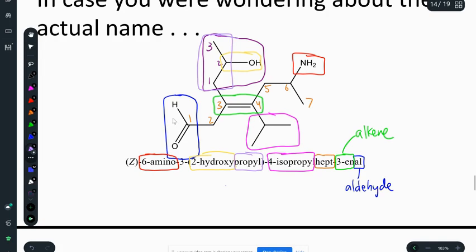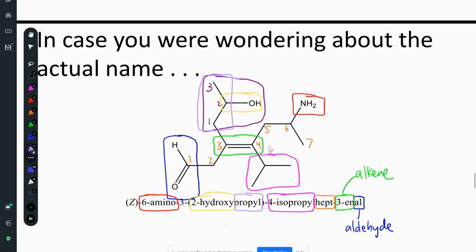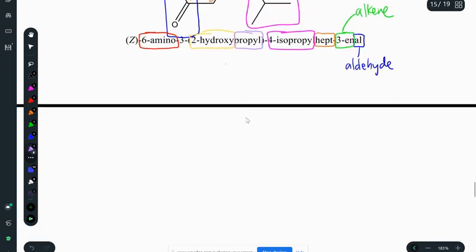So that's how you break down a name. Again, it's not something I'm going to require you to know all those different rules, but hopefully looking at a structure and then comparing it to a name can give you some insight that can be useful to you.